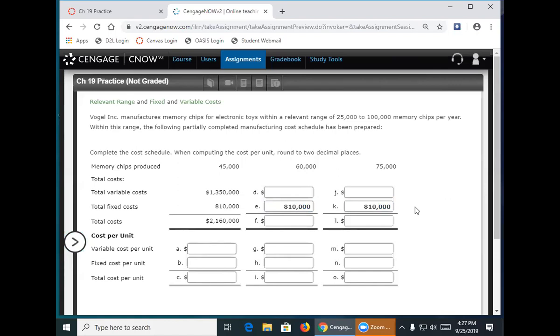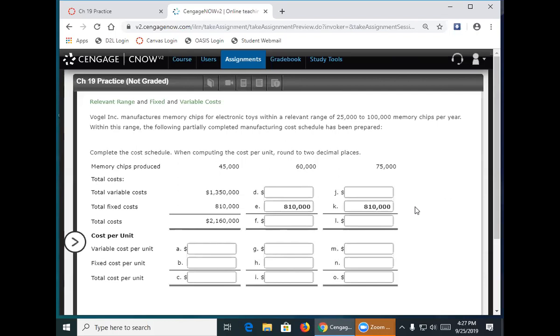Well, we can calculate our variable costs. So what do you think I would do to calculate my variable costs? I want to figure out what my variable costs are if I produce 60,000 units. Yeah, exactly. We're going to take our total variable costs and divide it by our production. That'll give us our variable cost per unit.